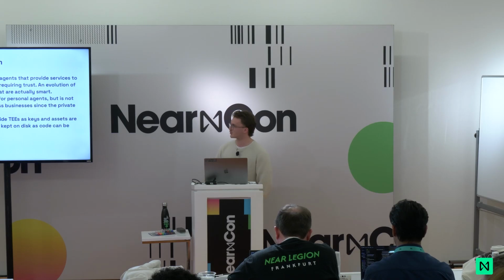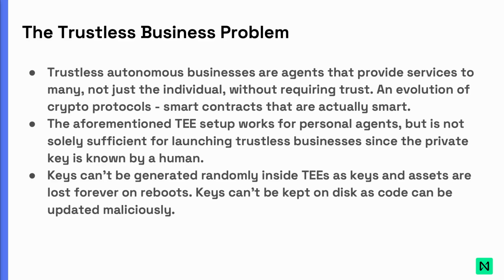So, trustless businesses, what is it? Basically, it's a business that's operated by agents that don't require trust of a human or code. So this TEE setup we talked about before, it's not sufficient for running trustless businesses, because whilst the code itself is verifiable, the key is still known by a human.